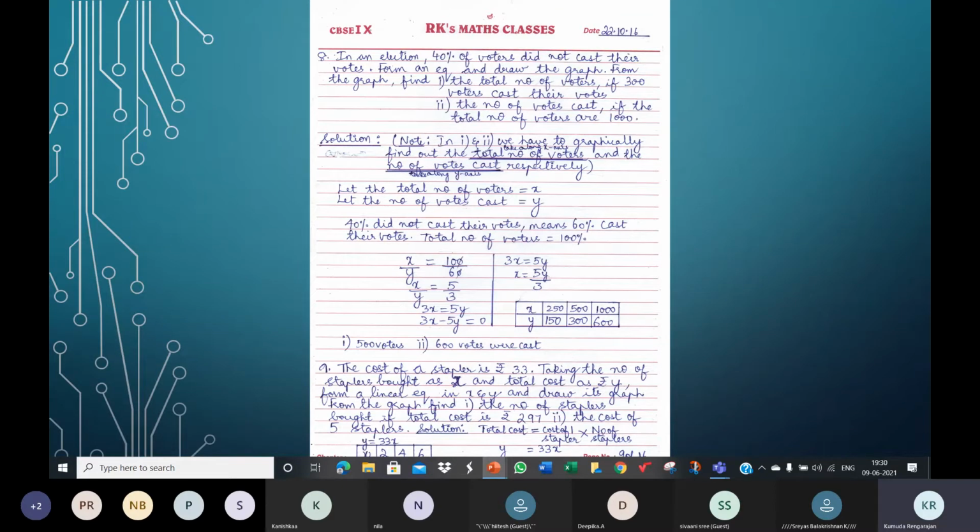The ratio of voters who did not cast to the total voters will be 40 by 100, which is 2 by 5.